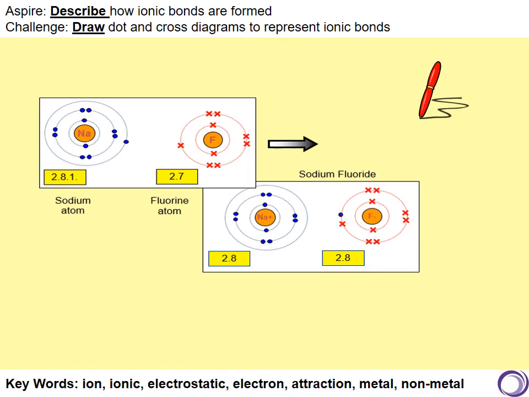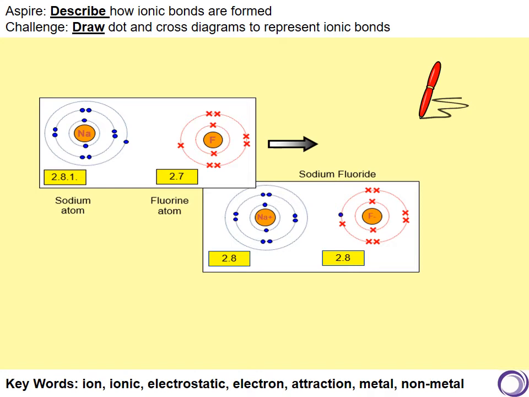Okay, so take your red pen and let's see how you got on. So with sodium and fluorine, the sodium loses its outer electron and the fluorine gains it. The reason that we draw these as dots and crosses is because then it becomes very easy for the examiner or somebody marking your work to be able to identify the electron transfer.